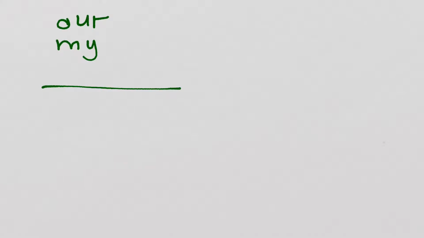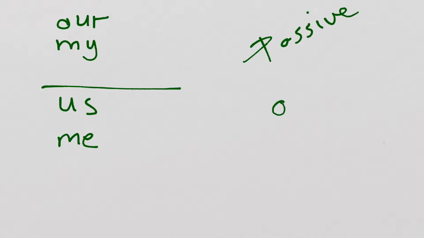Sometimes you have object pronouns. Sometimes you have us or me. You have to change these possessive or object pronouns. Also, you have to change them. So we change three types of pronouns in the sentence.